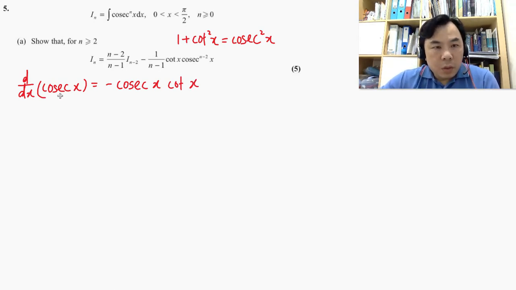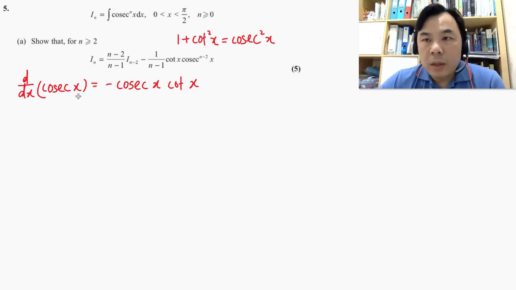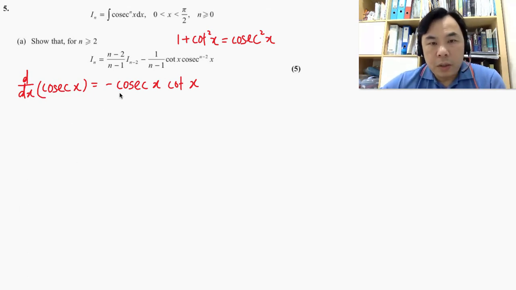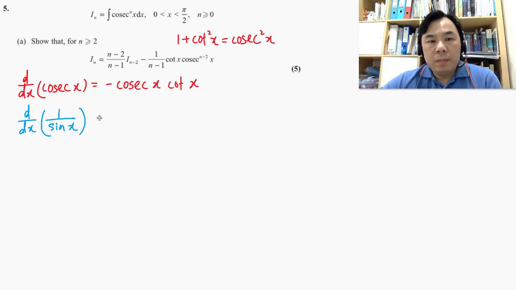If you are interested to work this out, you can apply the product rule or chain rule. Just for learning purposes, I'll show you how I derive this. To differentiate cosecant is the same as differentiating 1 over sine x. You can use the chain rule or the quotient rule, it doesn't matter.